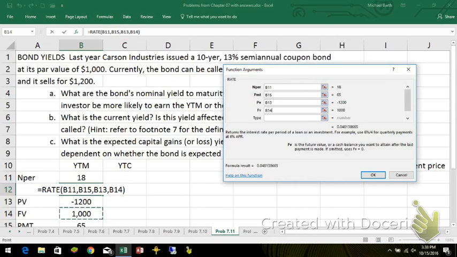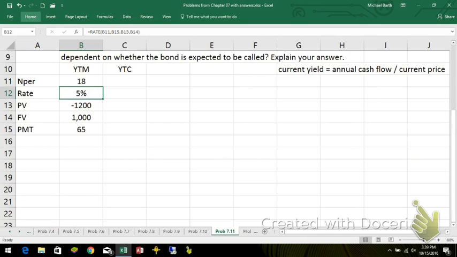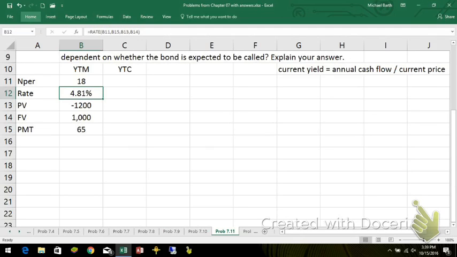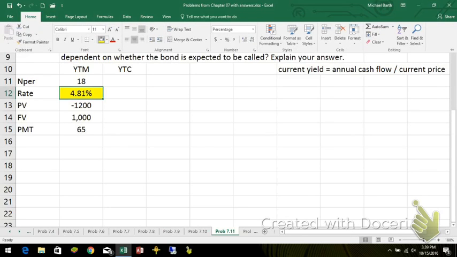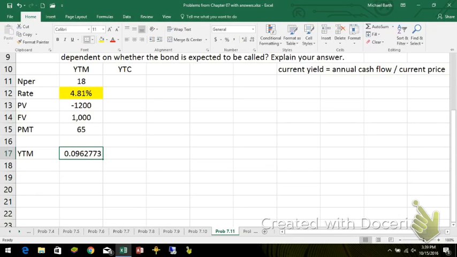The future value is $1,000. When I solve for the 6-month rate, that's 4.81%. The yield to maturity is an annualized number, so I've got to take that 4.81 and multiply by 2, and that gives me the yield to maturity on an annual basis.